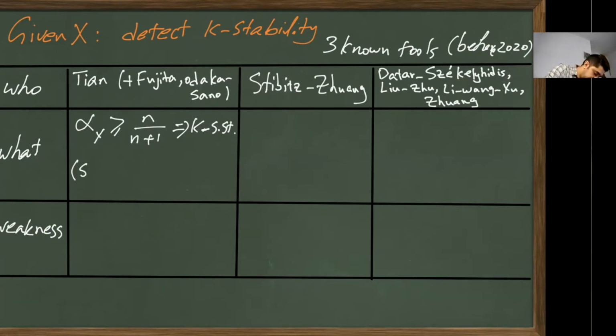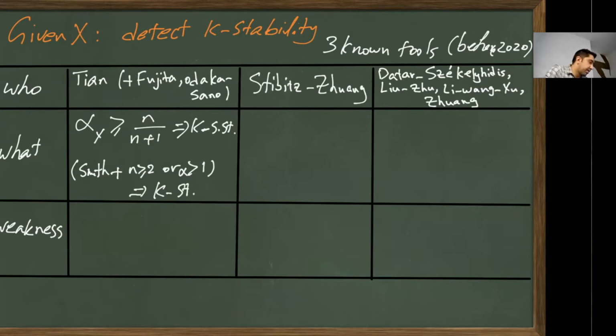It says if you assume smoothness plus n is at least 2, or strict, so you drop the smoothness and assume that alpha is strictly bigger than 1, then you get K-stability. So this equality just goes away.